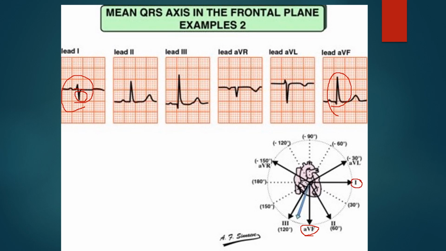If here it would have had more positive deflection, then we would have travelled towards the positive pole, but here there is more negative deflection, so we will travel towards the negative pole of lead 1 by 15 degrees, then the axis will be around 105, 110 degrees. Then that is the right axis deviation in this particular example.